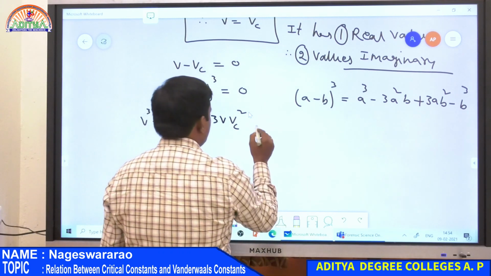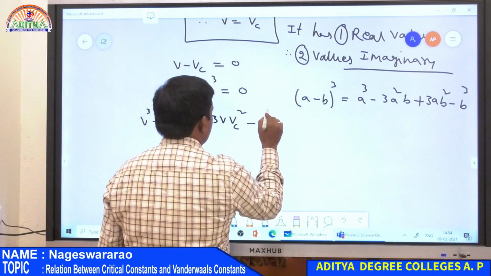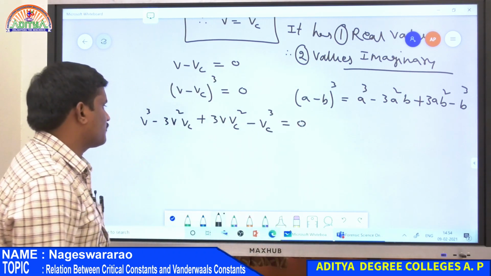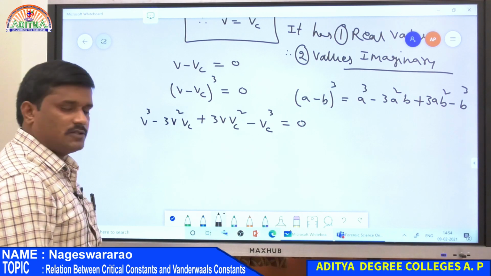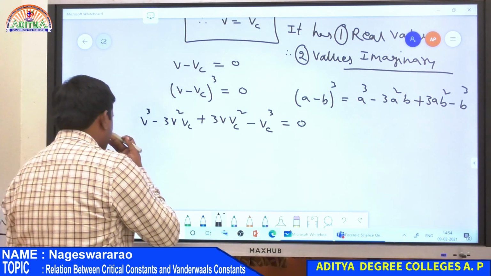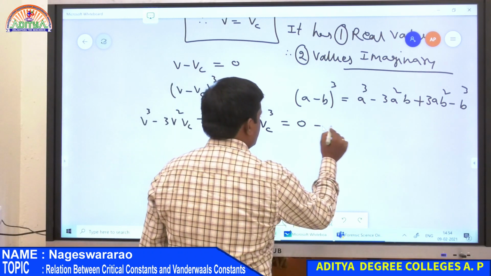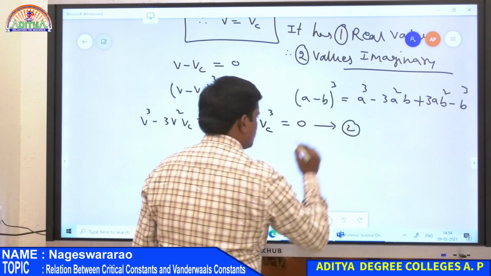Finally, minus B cube, that is minus Vc whole cube, is equal to 0. Therefore, simply this equation is taken as equation number 2.